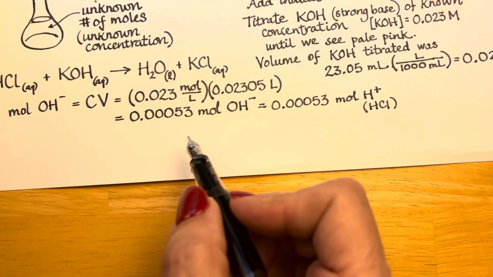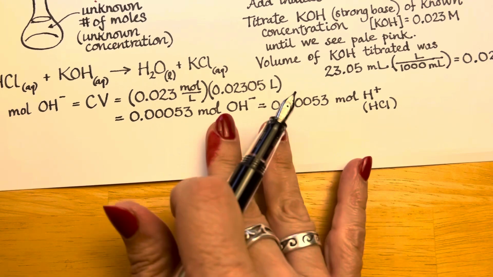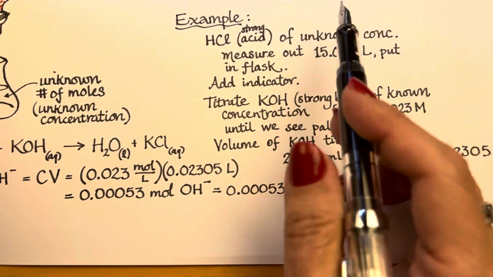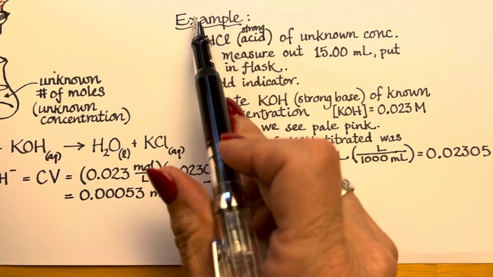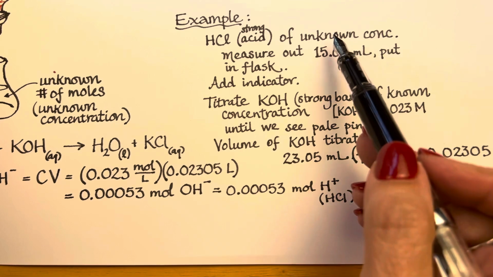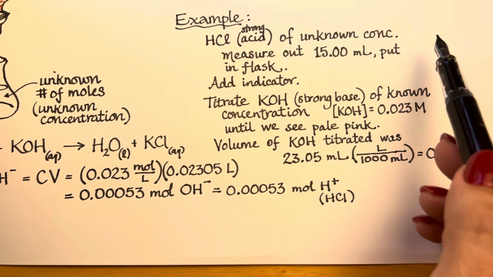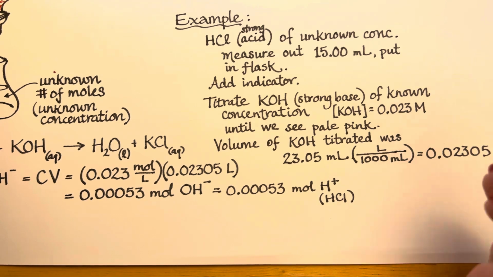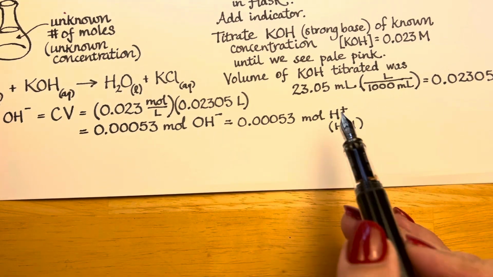Alright, so now what? Let's think about what we're trying to figure out. We are trying to figure out the concentration of the HCl. So we'll go back to the question, what do we want to know? We want to know concentration, moles per liter. Okay, well, we have figured out how many moles there are.